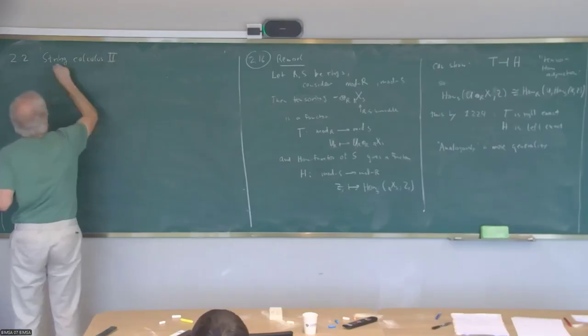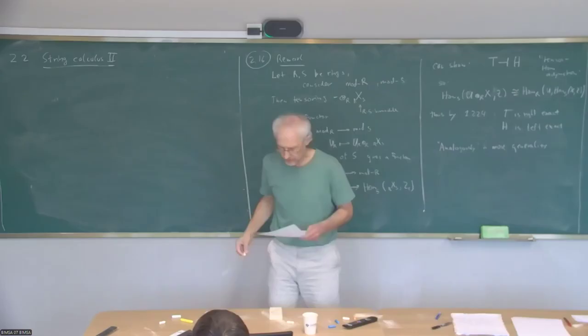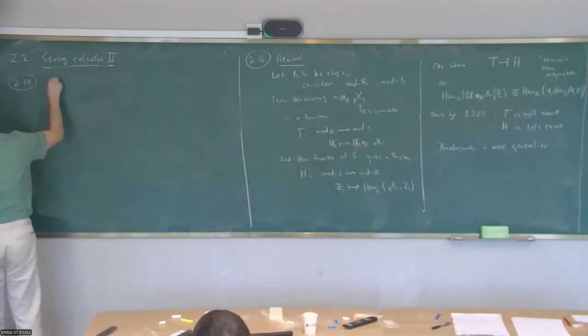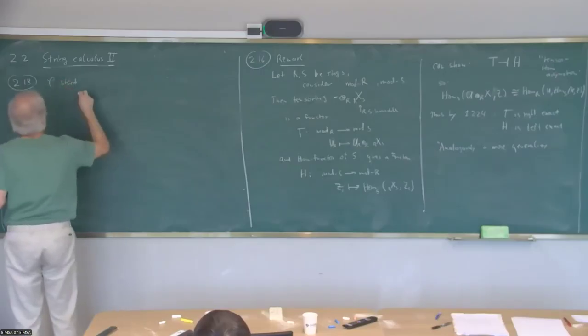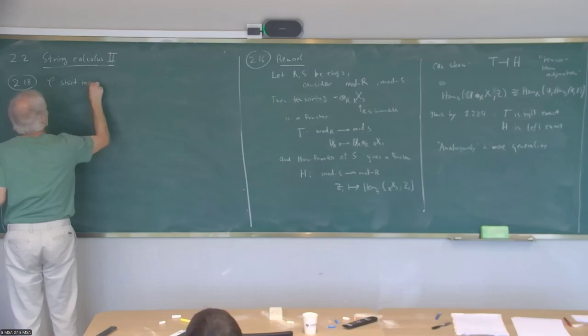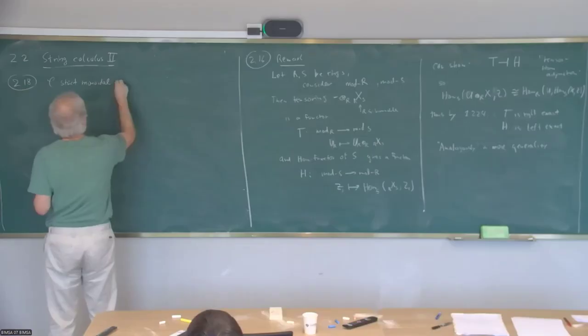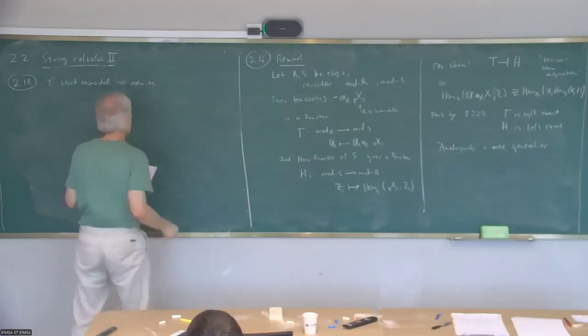Maybe string calculus 2 here. If C is strict monoidal, strict is important here, not as important as it might seem at first glance, then it admits a graphical calculus.